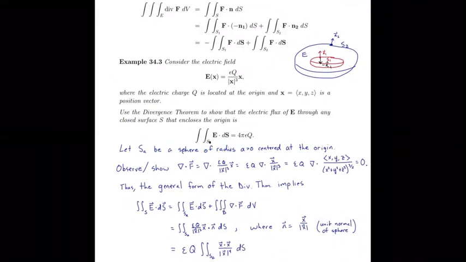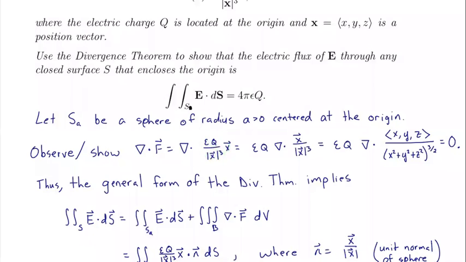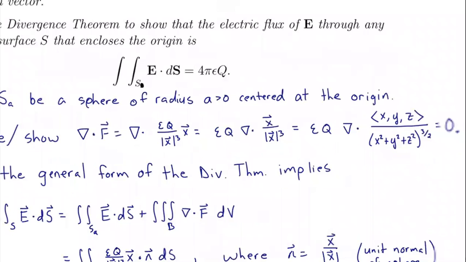And the first thing that we should note, this is the most useful part of this problem, is that the divergence of the vector field F is the divergence of this expression. And note that epsilon and q are constants, so they'll factor to the front. Now, x is the vector x, y, z, and we're taking the divergence of this vector x, y, z.